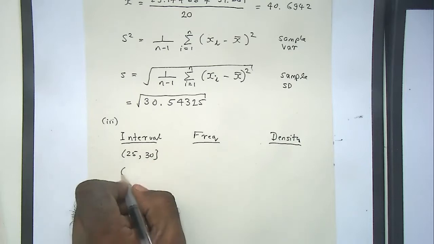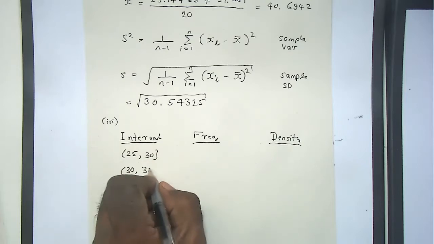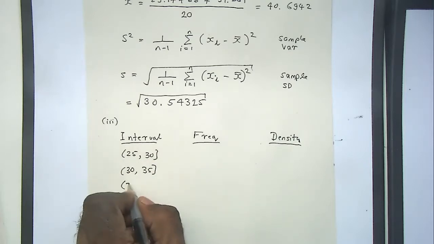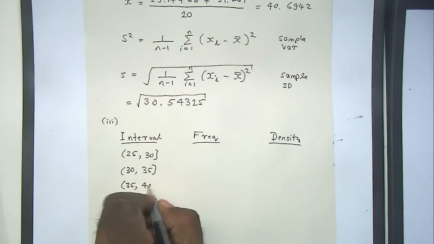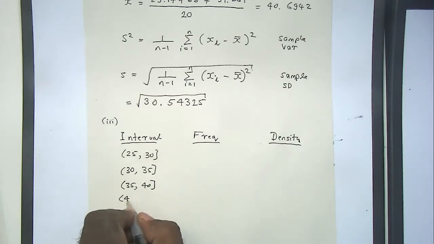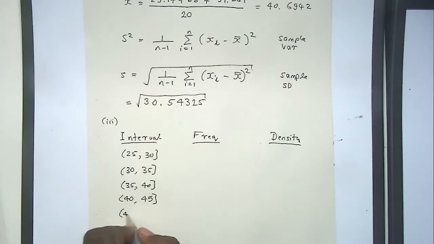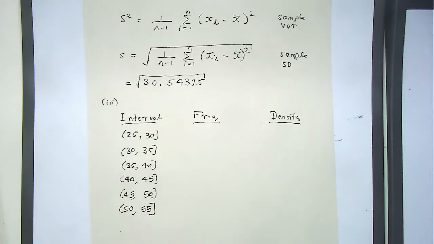Next interval from 30 to 35, next 35 to 40, 40 to 45, 45 to 50, and 50 to 55. So these are the intervals you will have, okay?